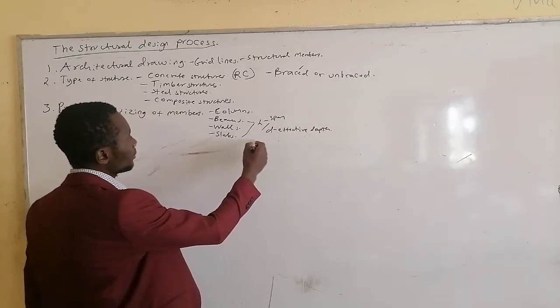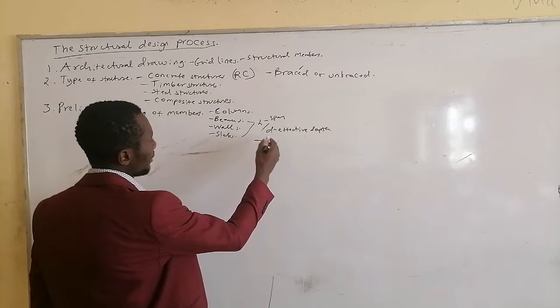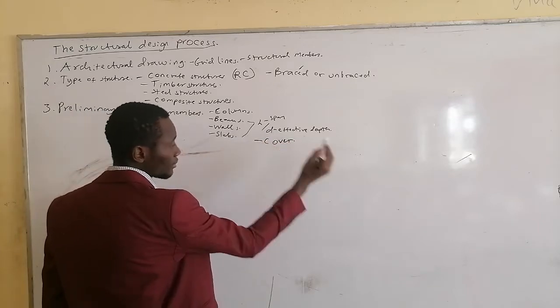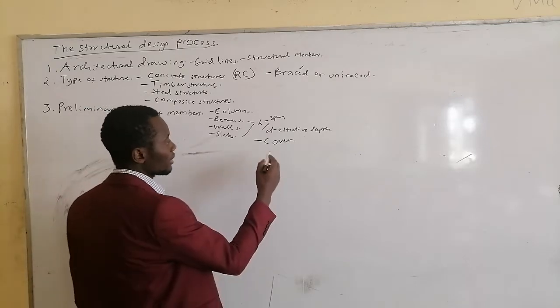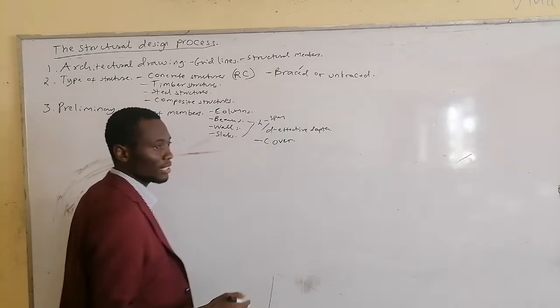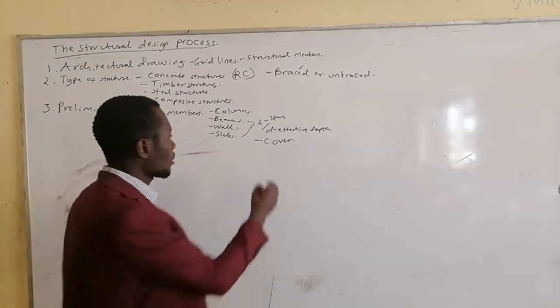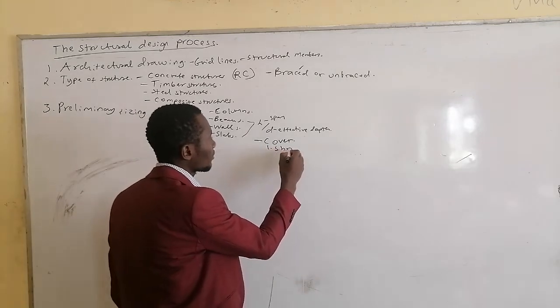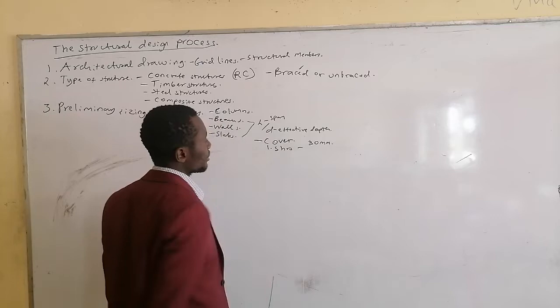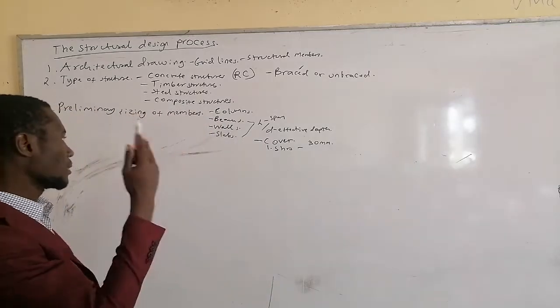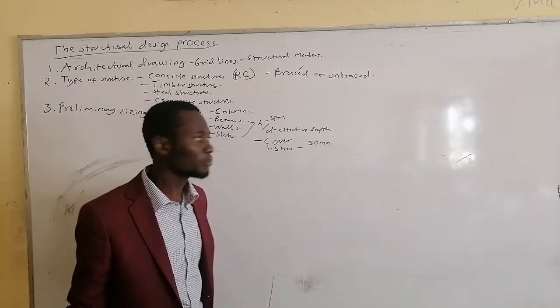Also, we could use the cover of our member, because if we are looking at, for instance, a fire resistance of 1.5 hours, we could provide a cover of, let's say, 30 millimeters to our beam or column or slab.